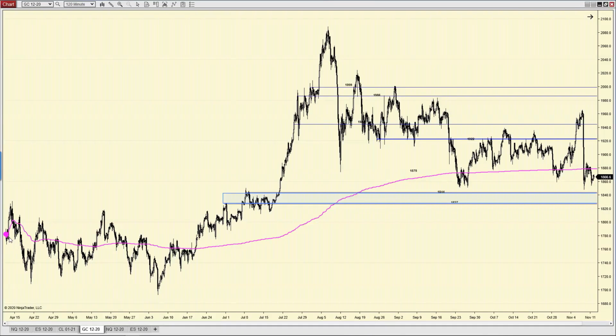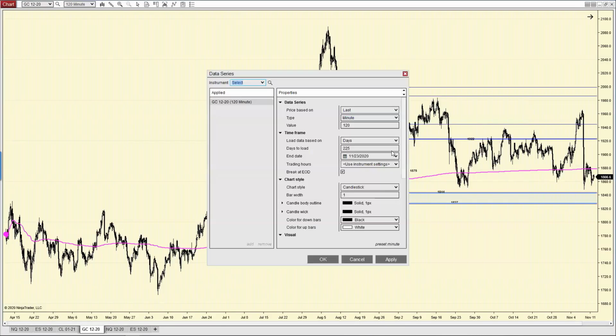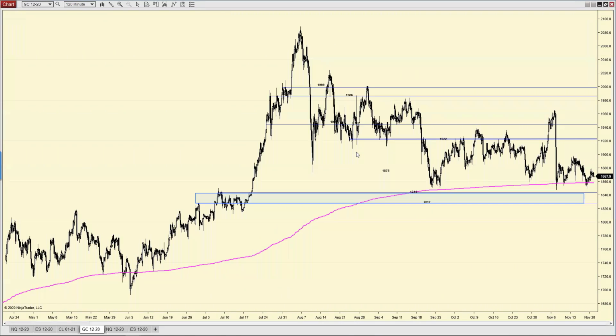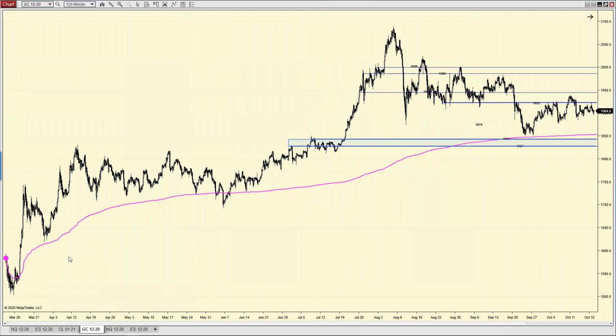Oh, the April low. And it'd be the March low as far as that goes. Hang on. This goes back to that March low. You see that it's the March low.